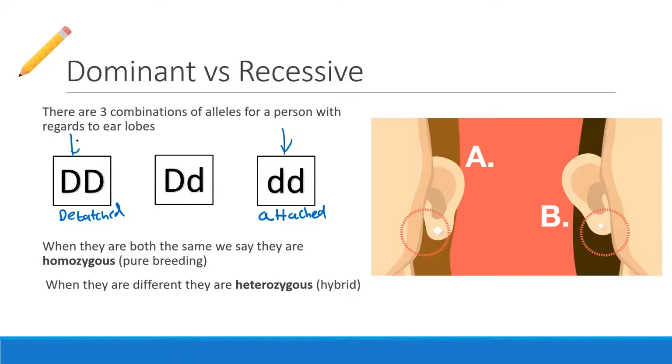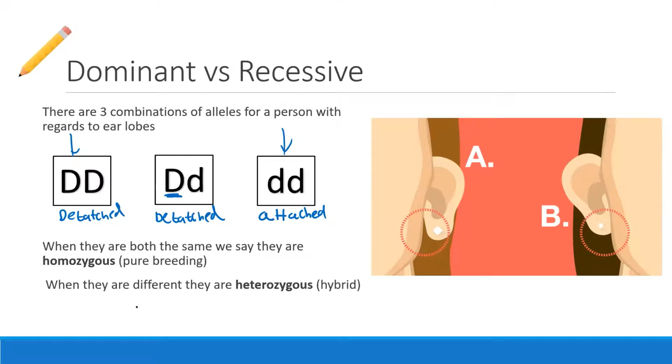David, you said detached. Alethea, you said you weren't sure. It could be either. In this case, it will always be detached. And the reason is because it's got this D here.